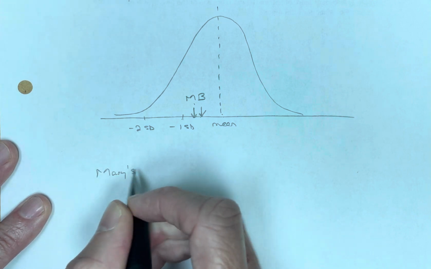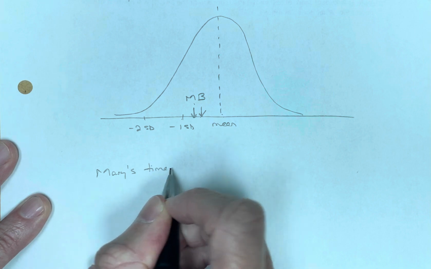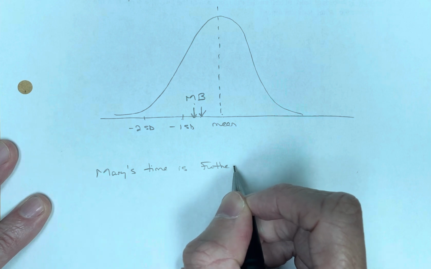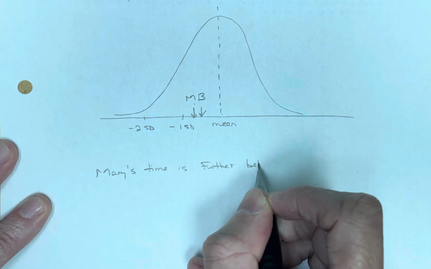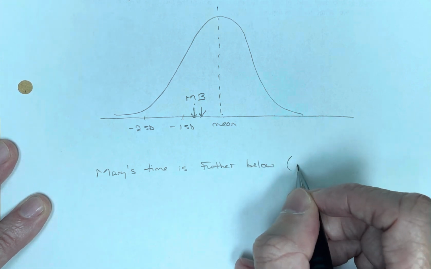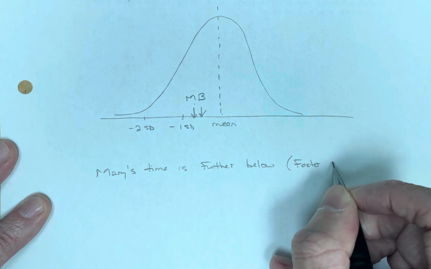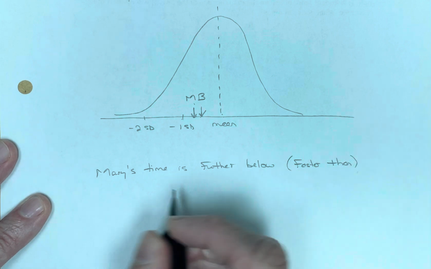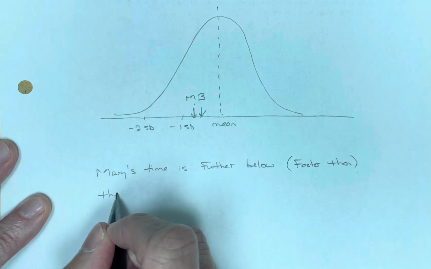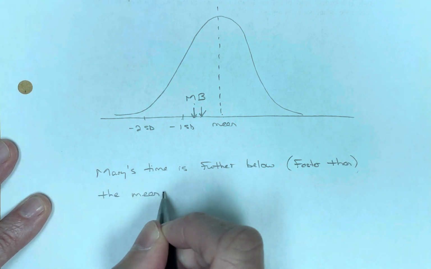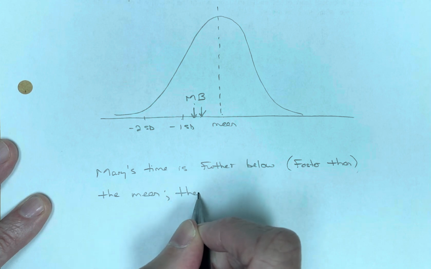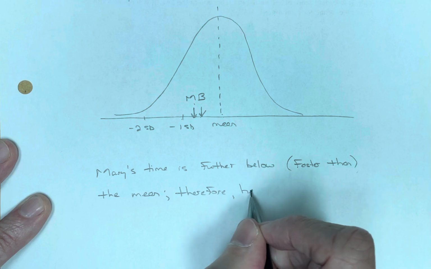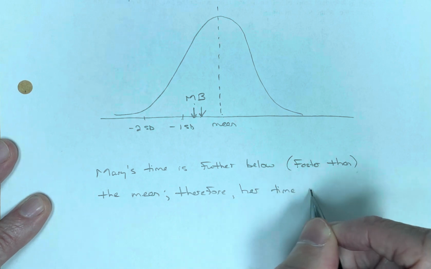Mary's time is further below. In this case, that means faster. When you're below the mean in time, you're faster than the mean. Therefore, she has the better time.